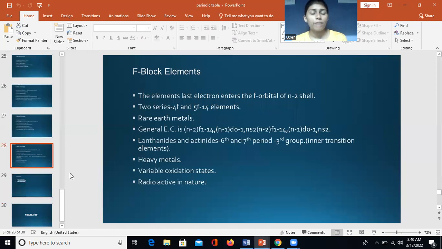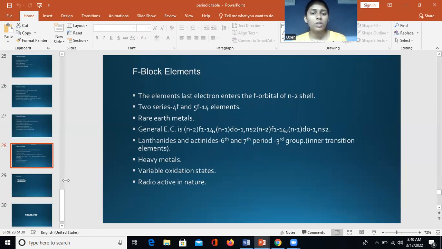Now let us come to the f block elements. The elements in which the last electron enters the f orbital of the (n-2) shell are f block elements. Two series, that is 4f and 5f, with 14 elements each, are the f block elements, and these are known as rare earth metals.